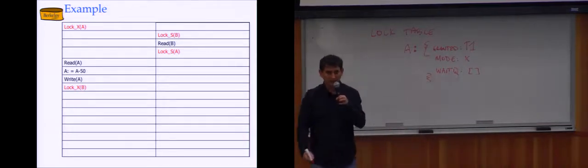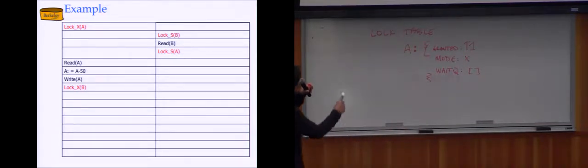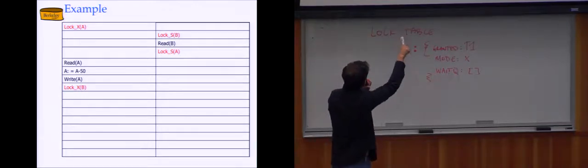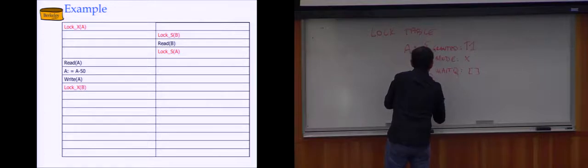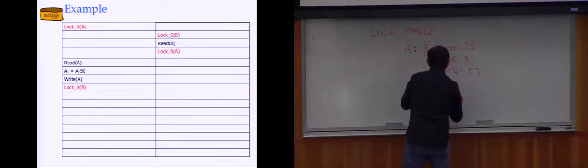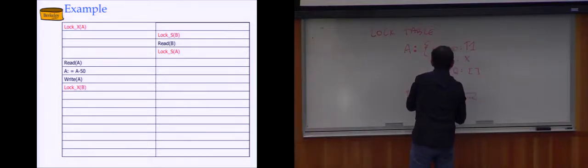Okay? Right? That's what's in the lock table for A. T2 requests a lock on B, so you get a similar thing. You get granted is T2. The mode is S. The wait queue is nobody.